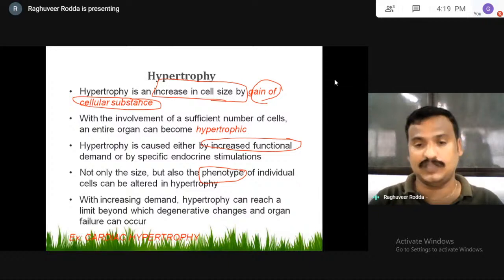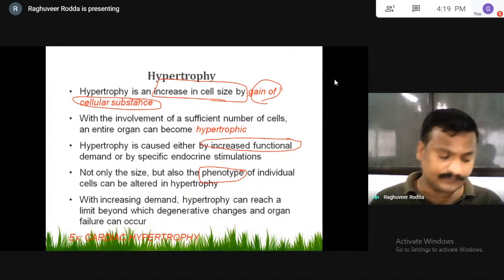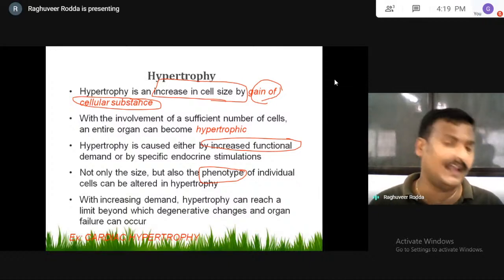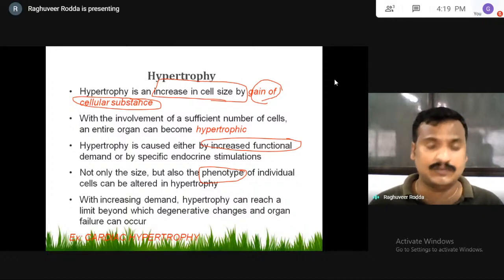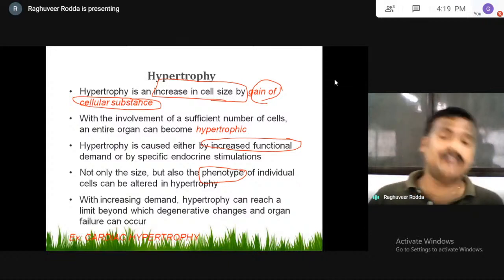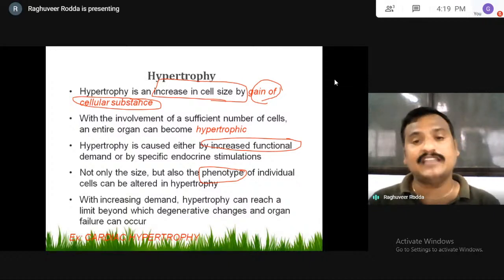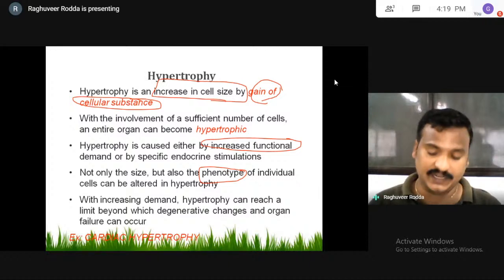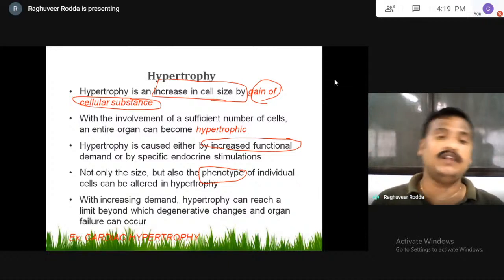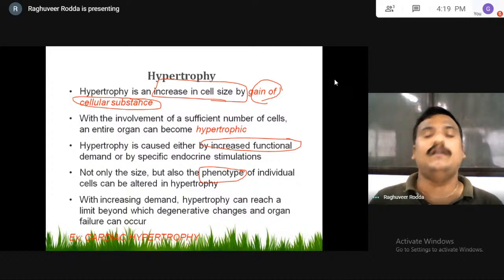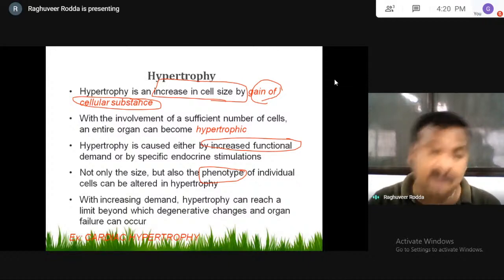The phenotypic cells also undergo hypertrophic condition. We have many examples: cardiac hypertrophy, and hypertrophy observed in the gonadotropic cells of the pituitary gland at the time of puberty, when there is a need to produce gonadotropic hormones.